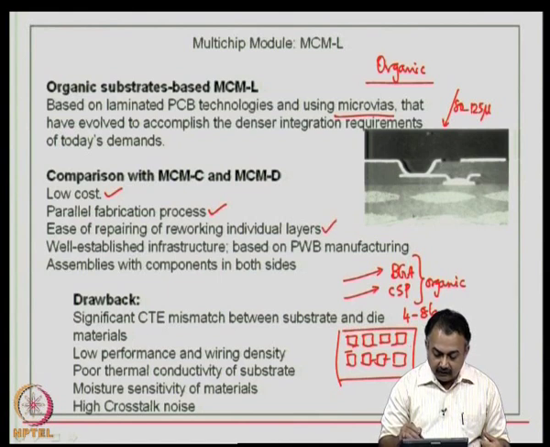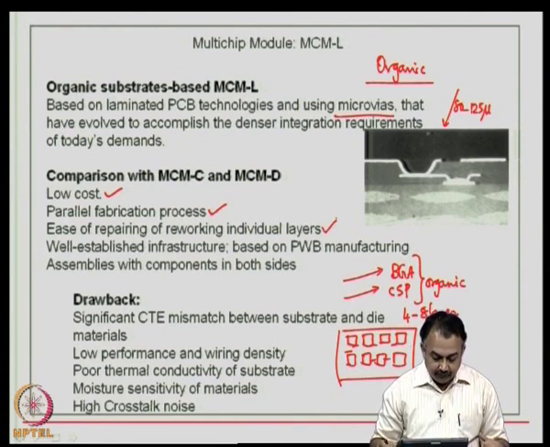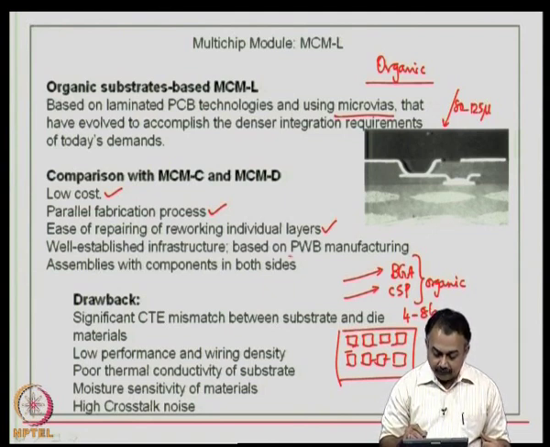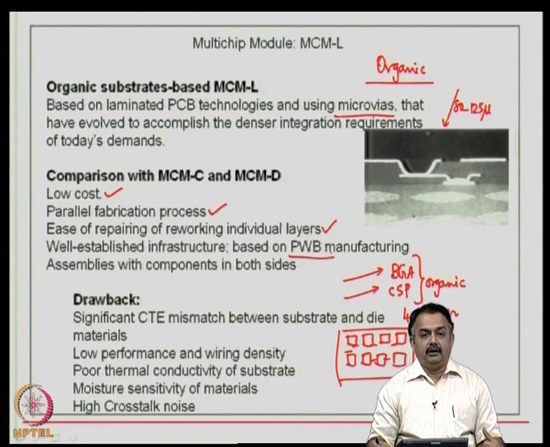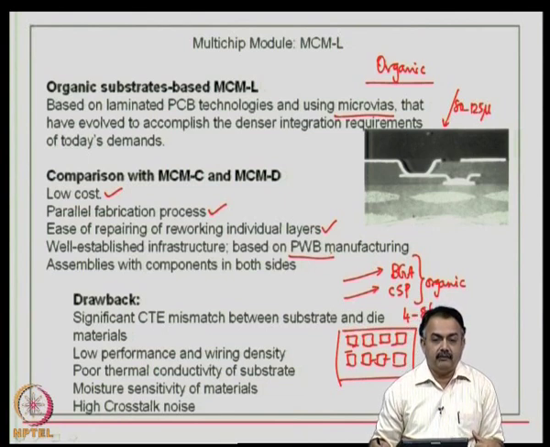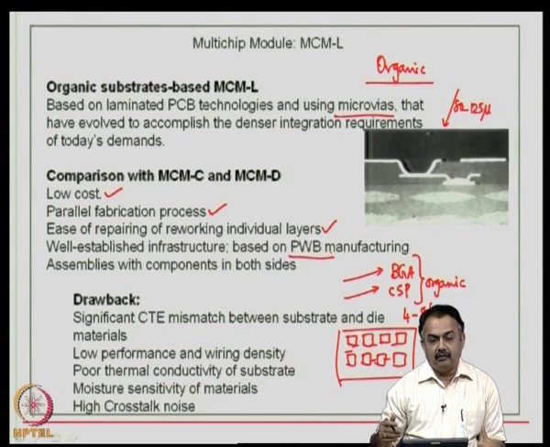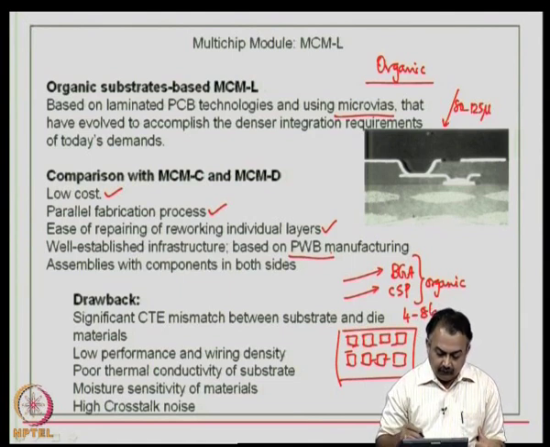So, this is one of the advantages of MCM-L. The infrastructure is well established because globally, if you look at the PWB manufacturing process, it is a well matured technology, well matured establishment. Therefore, you do not have to spend more money or capital for fabricating MCM-Ls. Therefore, PWB manufacturing setup can be well integrated for MCM-L.